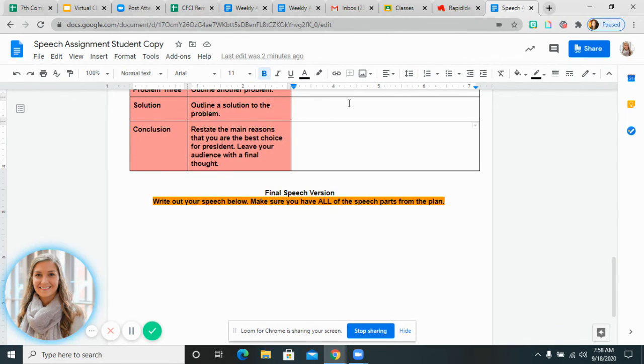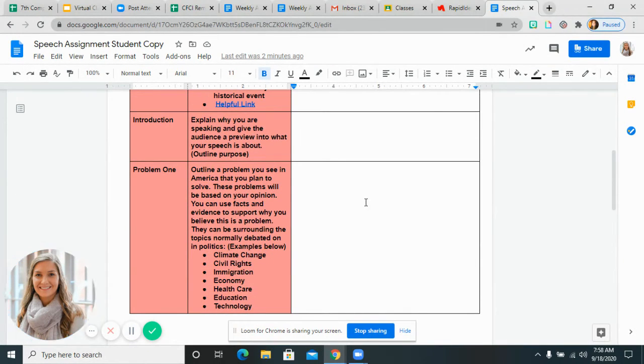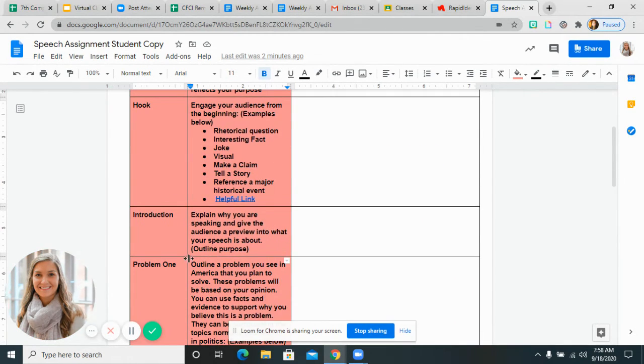So after you finish all of that for your plan, and the plan can be bullet points, it can be just copying and pasting evidence. I'm going to put evidence there. That would be a good place for you to put your evidence.